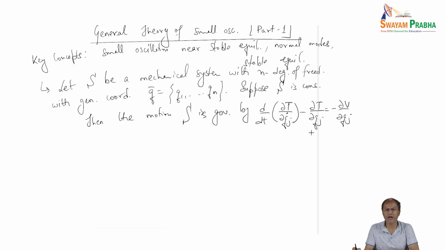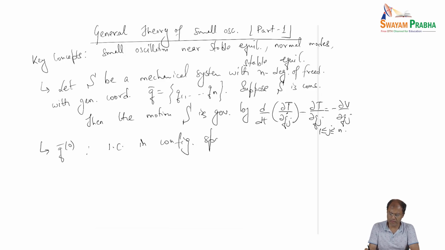So this is our regular Lagrange equation for each j from 1 to n. And then let us say we specify some initial condition q0. This is our initial condition in the configuration space.